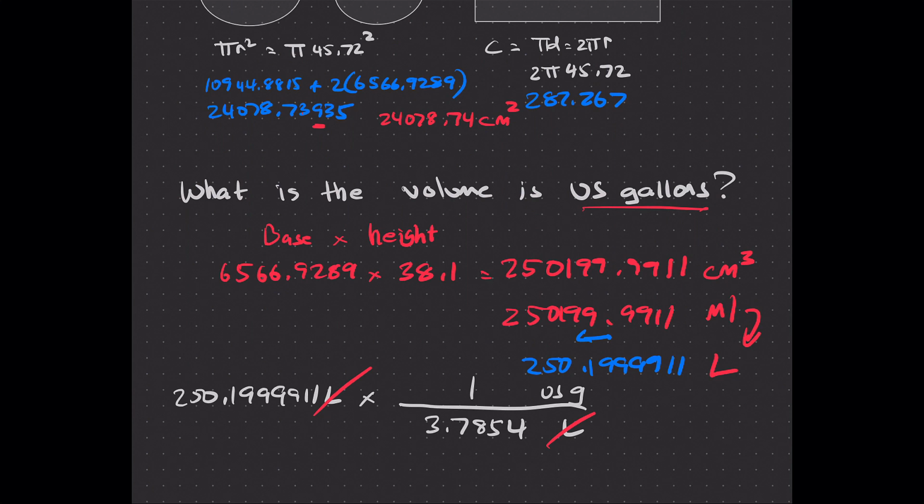So it's going to be 250.1999911 divided by 3.7854, and when you multiply that out, you're going to get 66.09605, and we'll round that to 2 decimal places, which will be 66.10, and it is US gallons. Oh yeah, happy face.